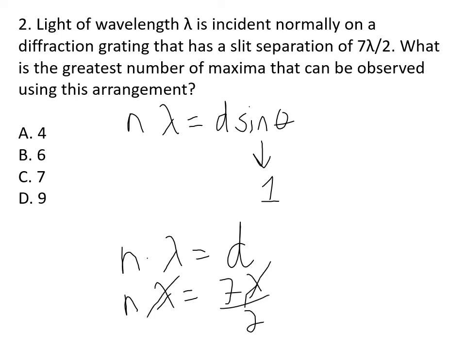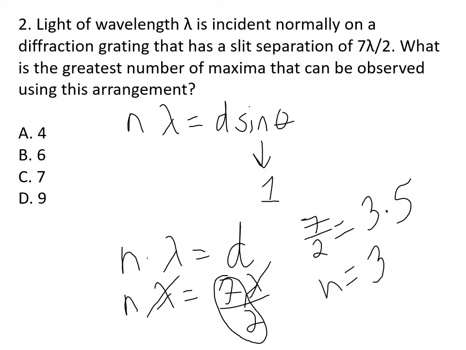Lambdas cancel, and you have n equals 7 over 2. You're never going to see part of a peak. You have to round this n down to the nearest whole number. 7 over 2 is 3.5. So in truth, you see n equals 3 peaks beyond the central maximum.